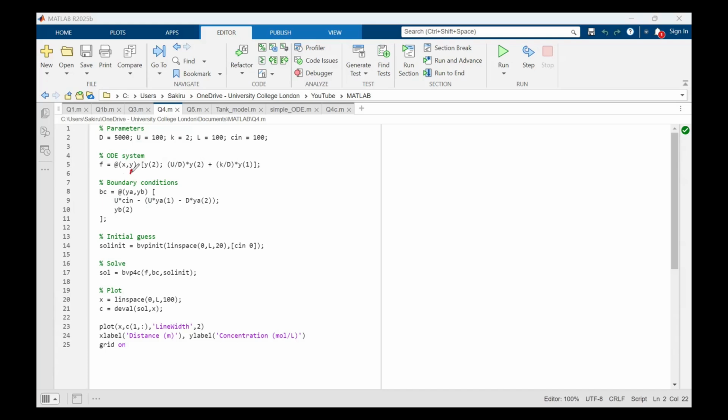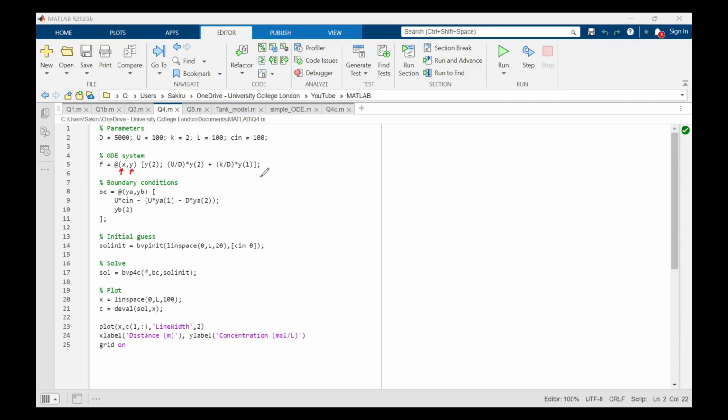This y is a matrix of all the vectors that you have in the problem, and x is there because you're doing it with respect to x in space. Now you need to return the first derivative and the second derivative of y.